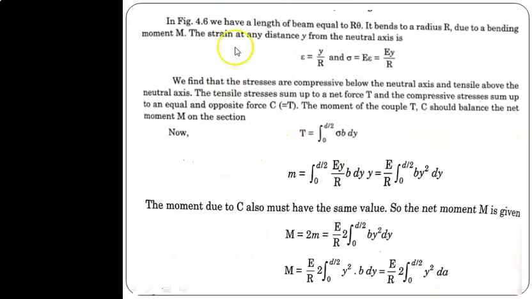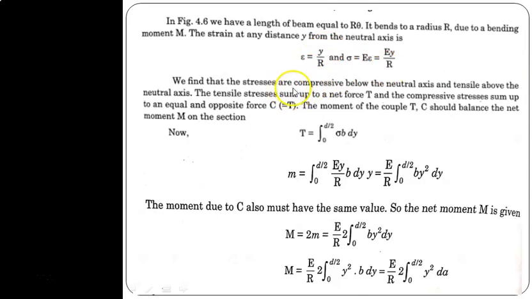You see that we have a length of beam equal to r theta. It bends to a radius r due to bending moment M. The strain at any distance y from the neutral axis was already found: epsilon is equal to y by r, and sigma is equal to E y by r, that is E into epsilon.